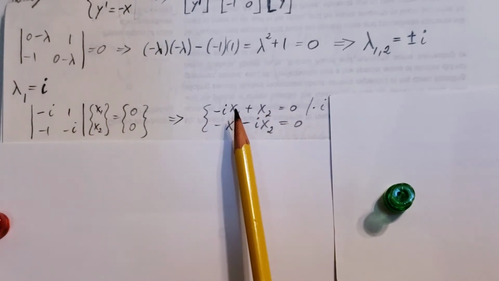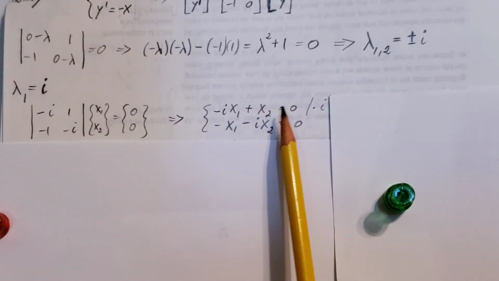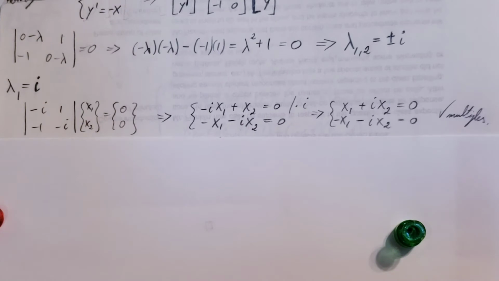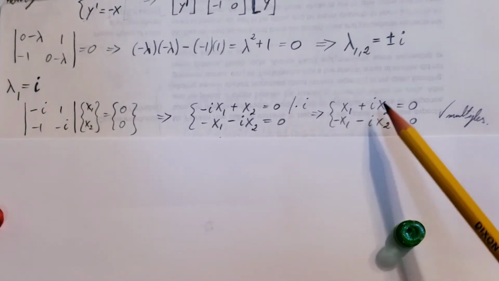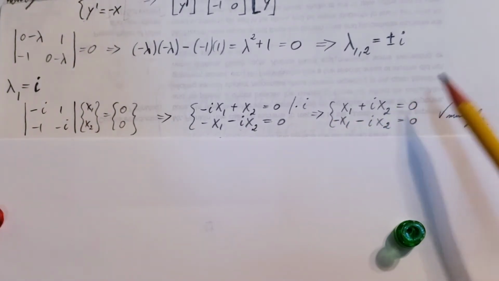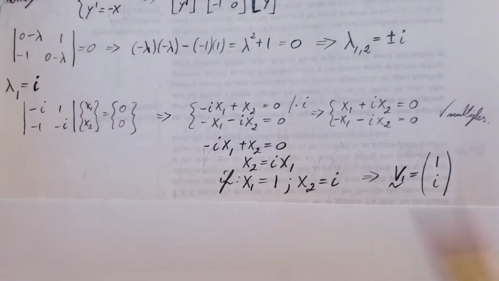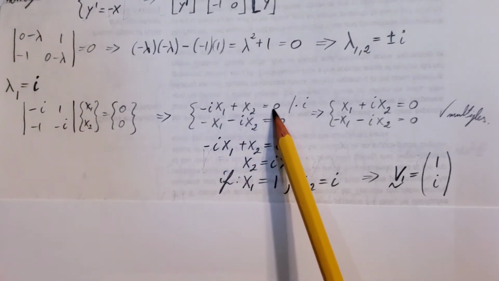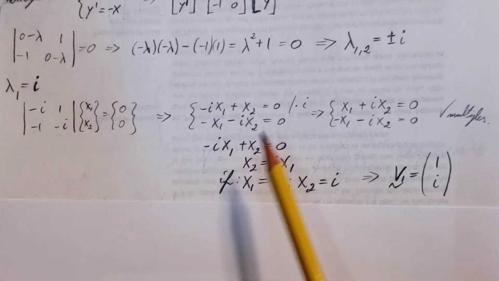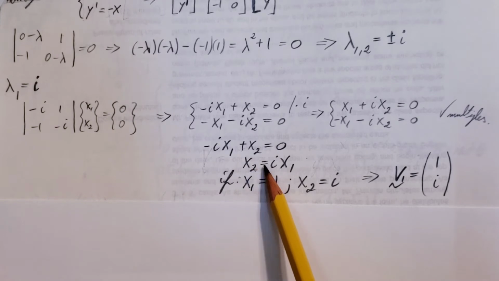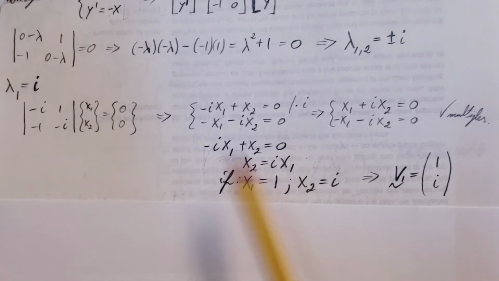I'm gonna multiply the upper equation by i, and therefore we're able to determine that these two equations are simply multiples of each other. Therefore we can ignore one and work with only one of them. I'm gonna take this one, bring it down, solve for x2, which will be equal to i times x1.